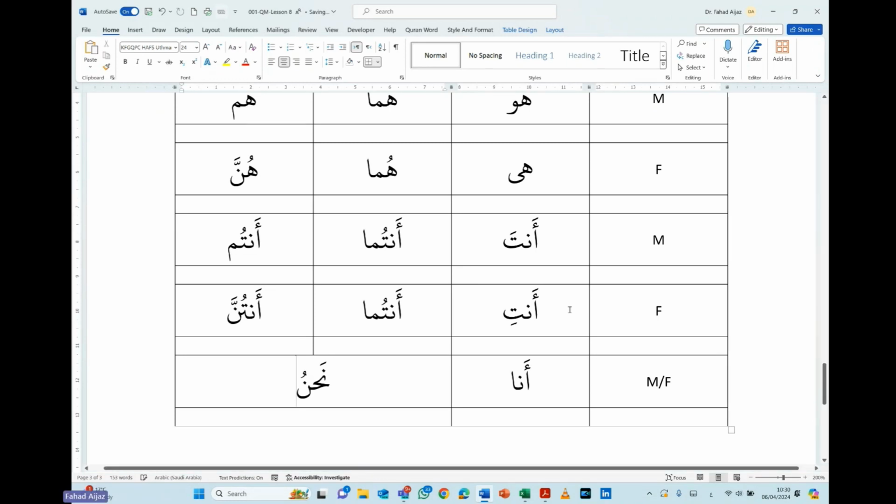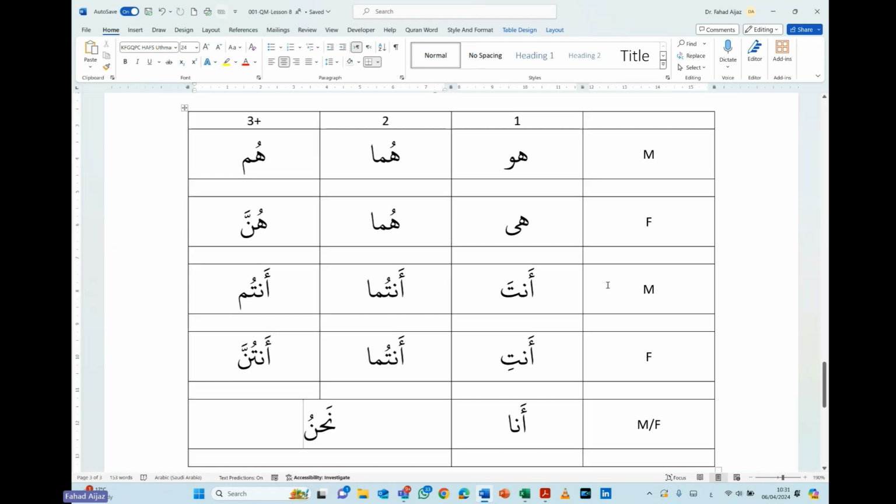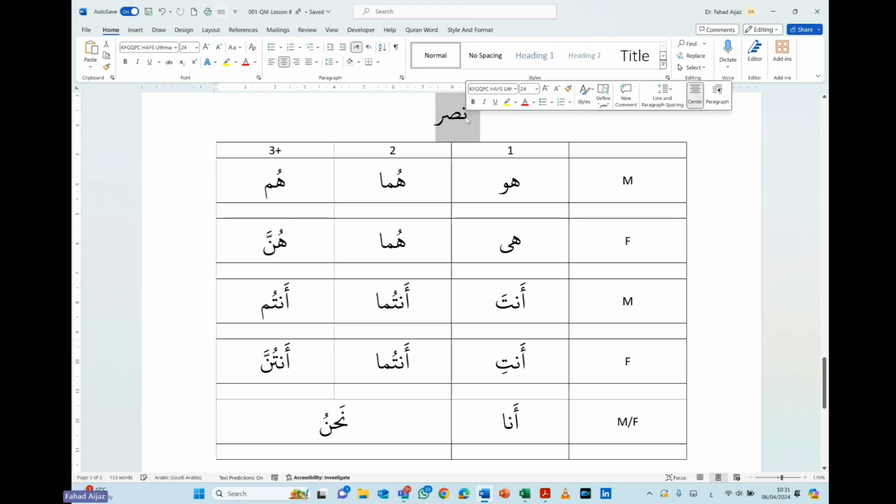So these are your 14 pronouns. For each pronoun, we have to construct a fi'il. So you have three root letters, and it will transform into 14 words, each for one pronoun.